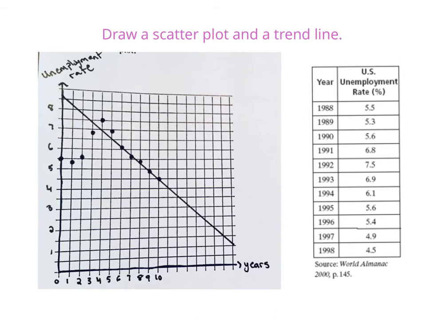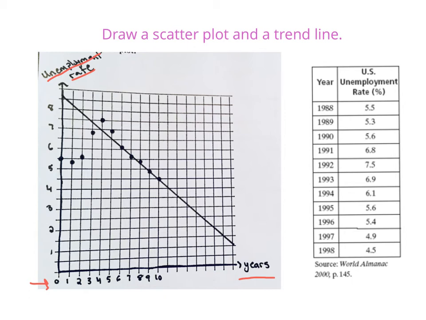So here is a scatter plot of this function table. You'll want to pause the video so you have time to get the whole scatter plot drawn. Make sure you always label your x-axis, in this case years, and your y-axis, in this case unemployment rate. So as you can see, I converted my years into just the 0, 1, 2, 3, 4, 5 through 10.